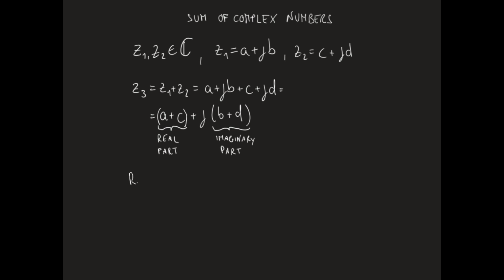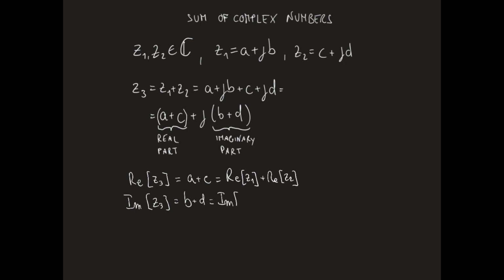So real part of z3 is equal to a plus c, which is real part of z1 plus real part of z2, and the imaginary part of z3 is equal to b plus d, which is the imaginary part of z1 plus the imaginary part of z2.